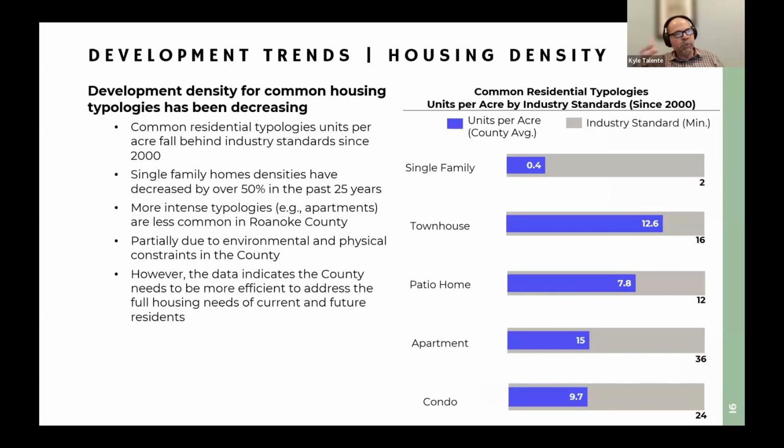And the gray bar is what the industry standard is for those development typologies. So for example, the townhouse developments we've built have been about 12.6 units per acre, where industry standard, even in a suburban area, is about 16. And you can see across all different housing typologies, what we're building really isn't to the level of development intensity that is typically found in suburban communities.